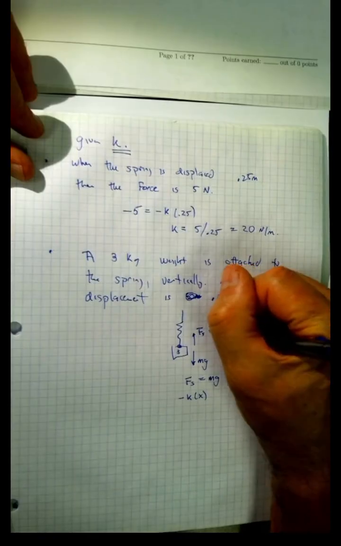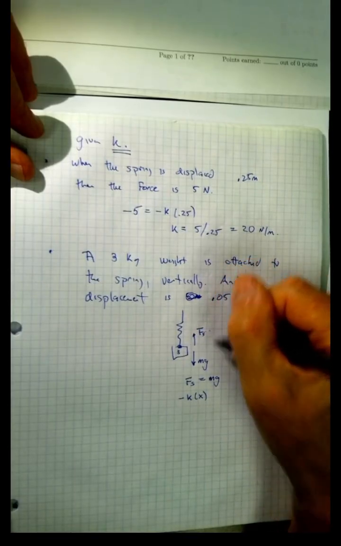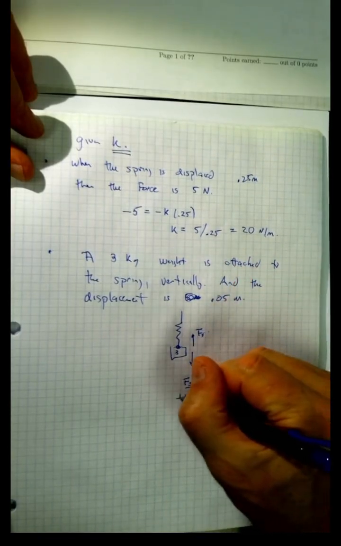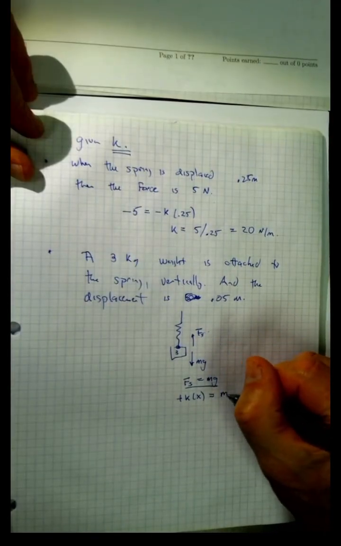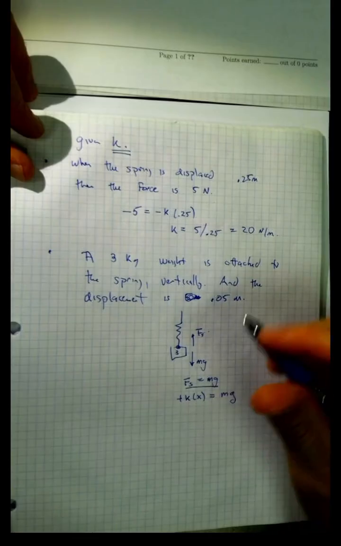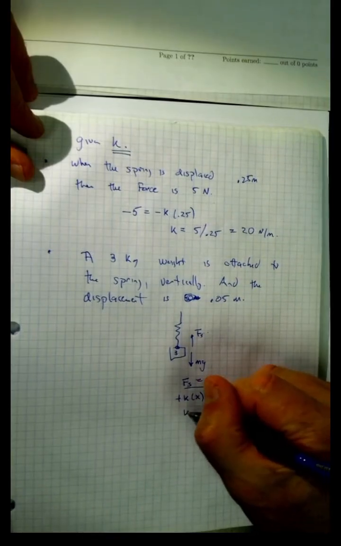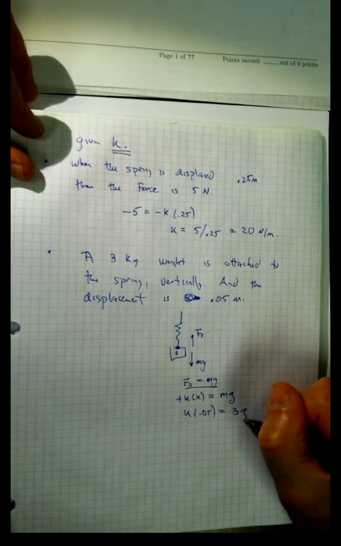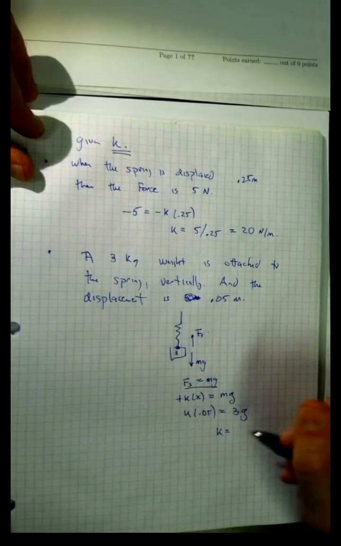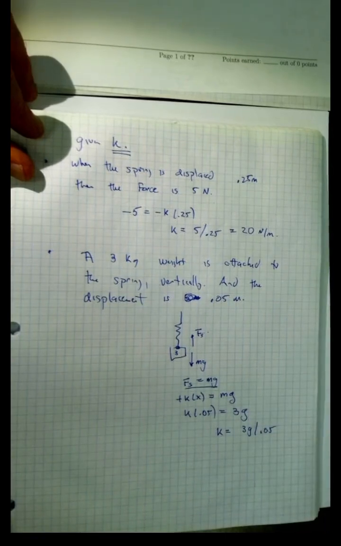Sorry, I got rid of the signs because I wrote it like this. So kx is going to be equal to mg, and we're given that x is 0.05, mass is 3, so that says that k is going to be 3g divided by 0.05.